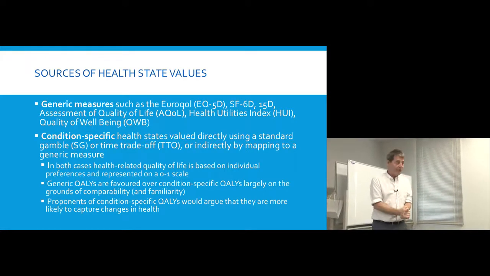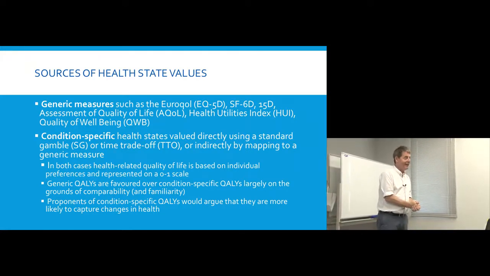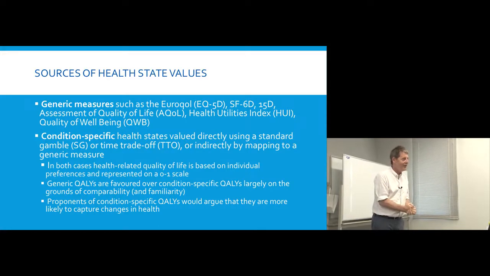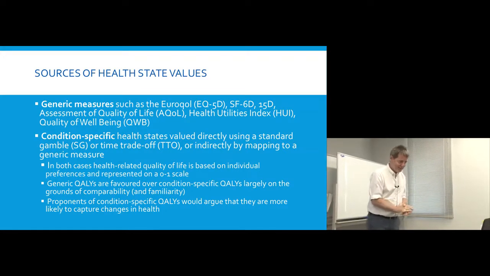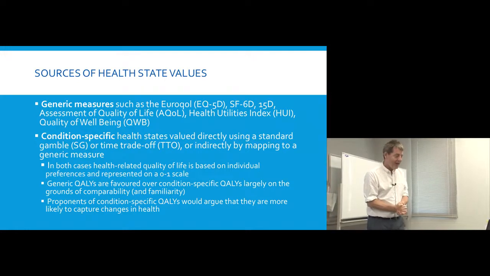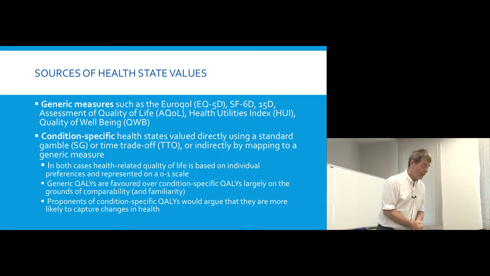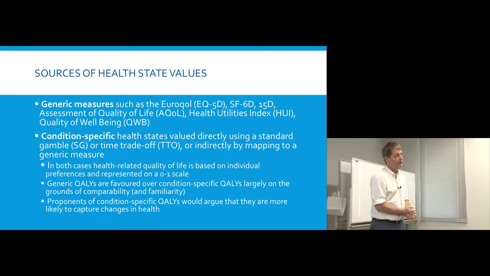You've probably never come across the 15D, 15 dimensions. It's a somewhat unwieldy measure developed in Finland and largely used in Finland. We won't go any further into it. Another measure is the AQoL, or the Assessment of Quality of Life. This is an Australian measure. I'll touch on it briefly.